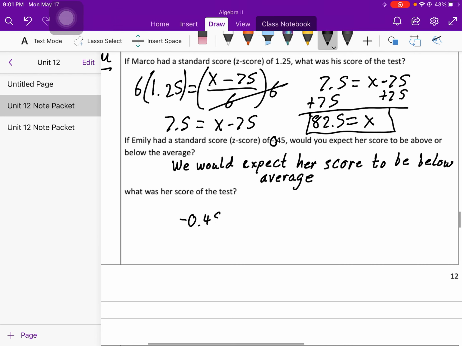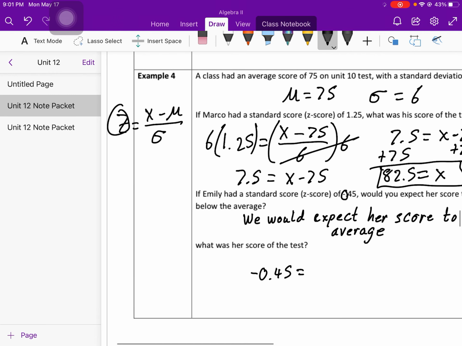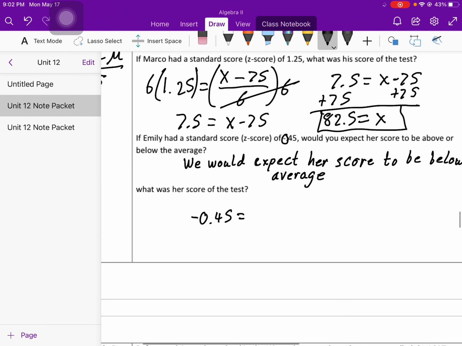Now we can find it and prove this. So using negative, I'm going to do 0.45. That's the z-score. So we're filling in this equation over here. We're trying to solve for x, and we know that the average is 75 and the standard deviation is 6. So just like with the last one, we're going to multiply both sides by 6. The 6's go away here.